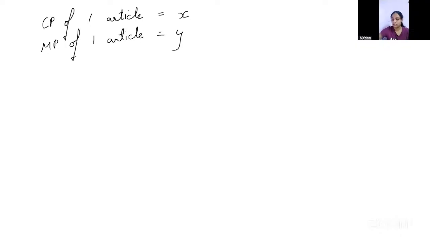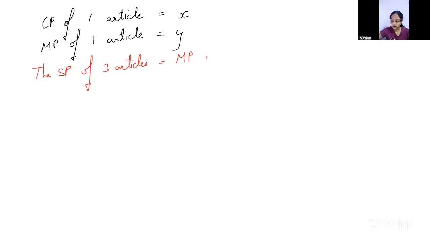So let's say that the cost price of one article is X and the market price of one article is Y. The question is saying to us that the selling price of 3 articles is equal to the market price of 4 articles.